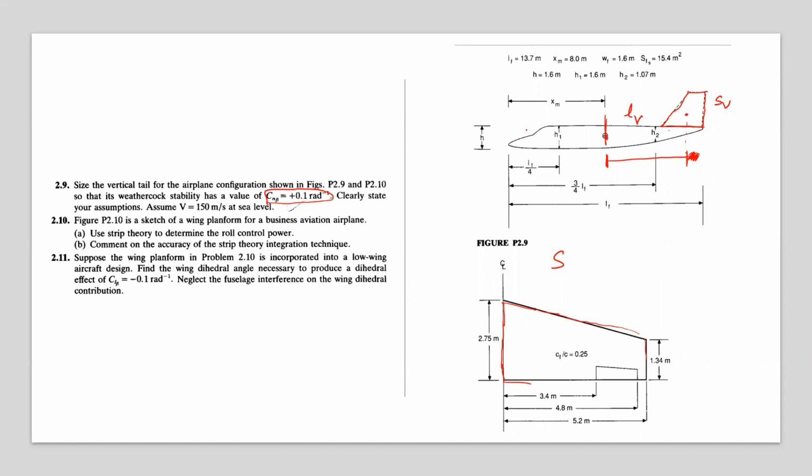Because clearly the question does not give us any indication about the geometry, how it has been fitted with the fuselage, the geometry of this vertical tail. So we have to make certain assumptions ourselves, and they must be reasonable. When you work as a designer, not many things are given to you.